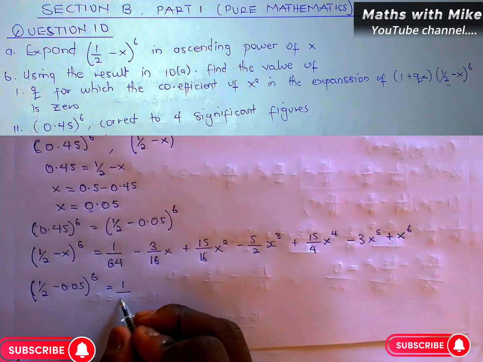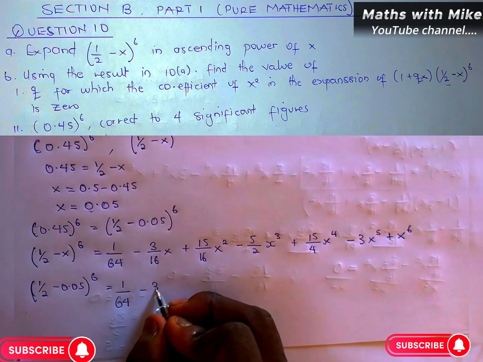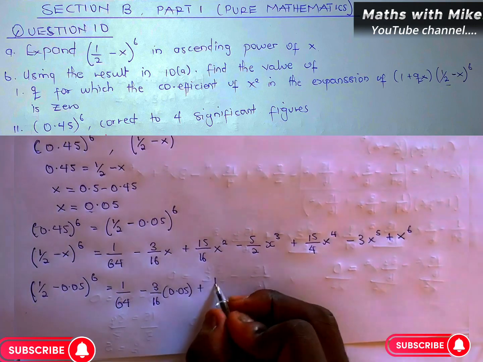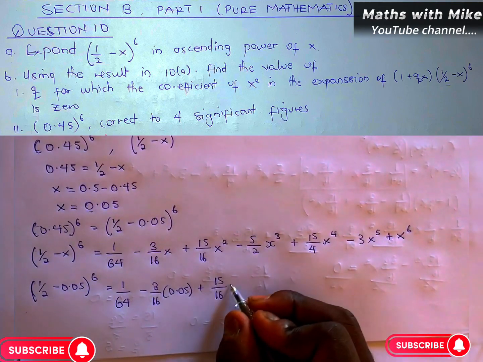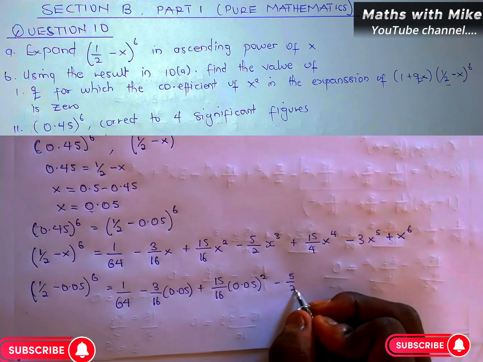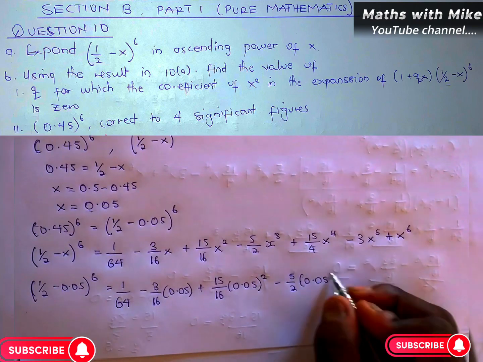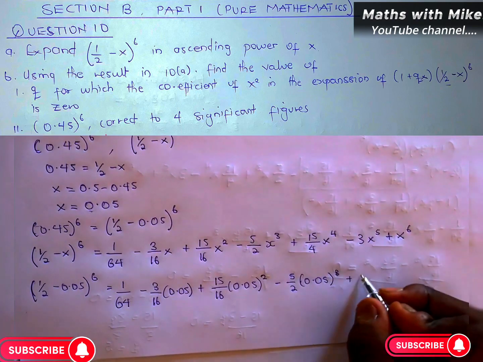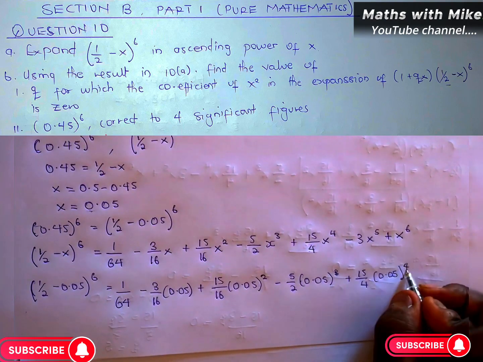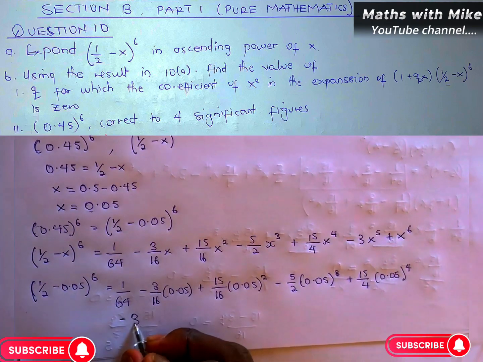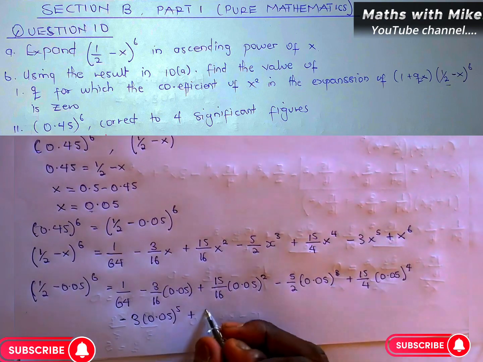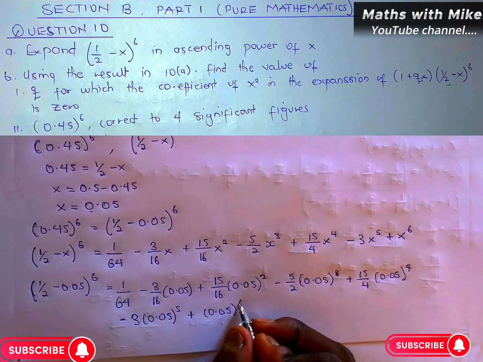And this is going to be 1 over 64 minus 3 over 16, 0.05 plus 15 over 16, 0.05 squared minus 5 over 2, 0.05 exponent 3 plus 15 over 4, 0.05 exponent 4 minus 3, 0.05 exponent 5, and the last one is plus 0.05 exponent 6.